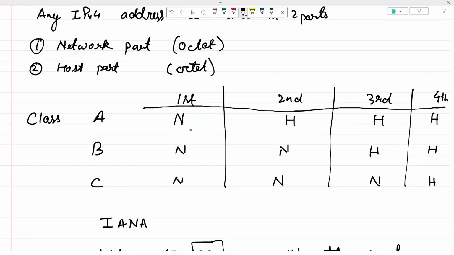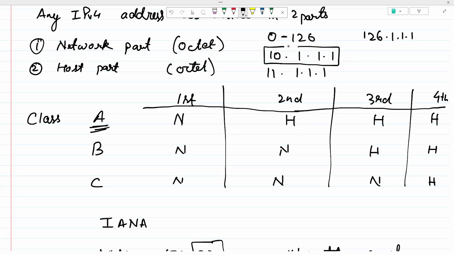For class A, the IP address starts from 0 up till 126, so I can write 10.1.1.1, or 11.1.1.1, or 126.1.1.1. For users belonging to the 10 IP address, 10 is constant.